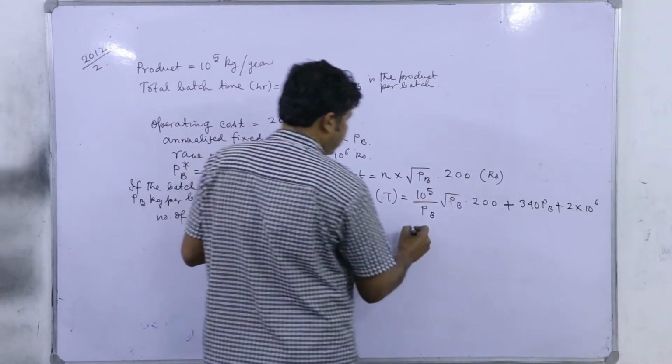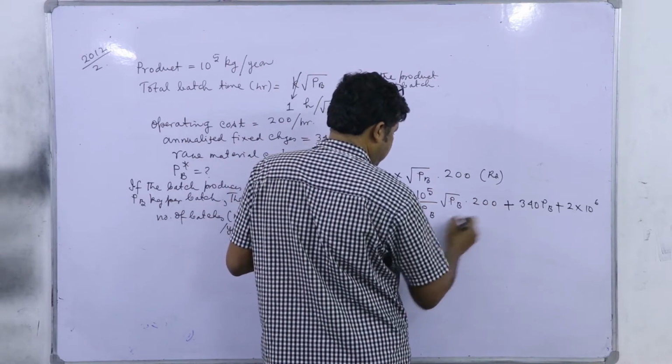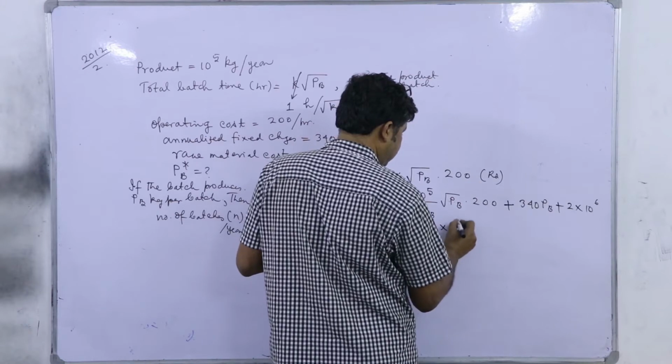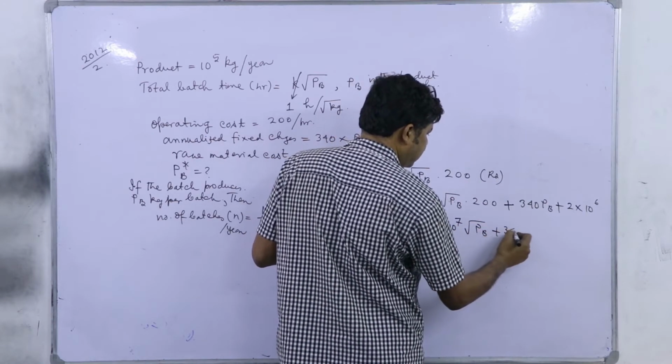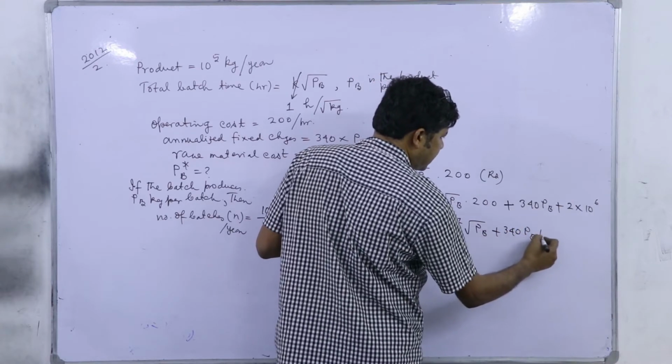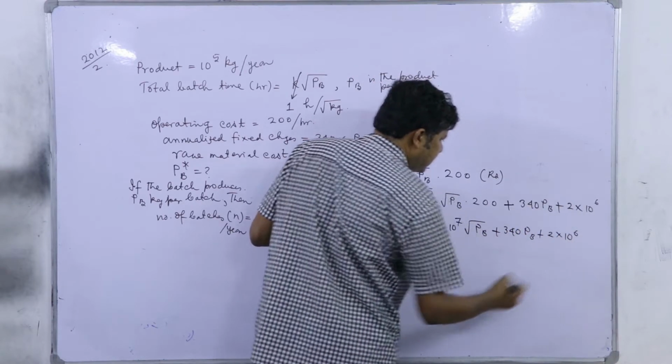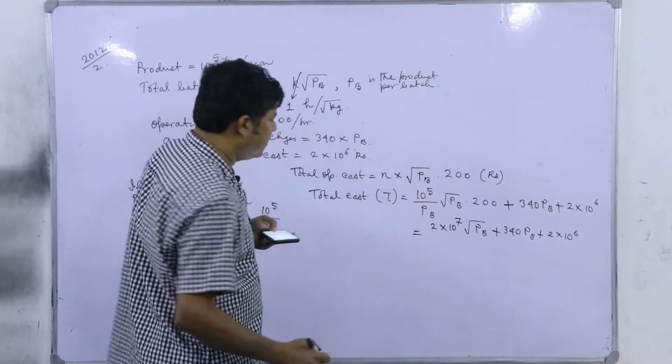So, this gives you 2 into 10 to the power 7 under root of PB plus 340 PB plus 2 into 10 to the power 6. So, we have to minimize the total cost.